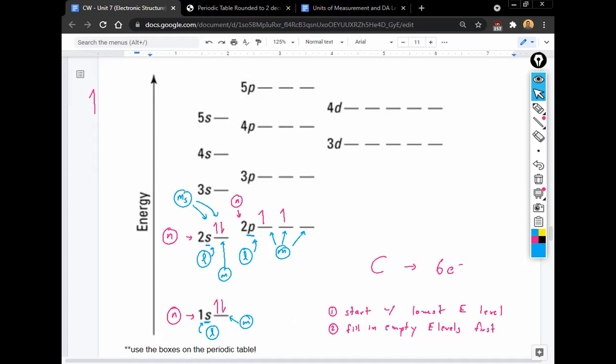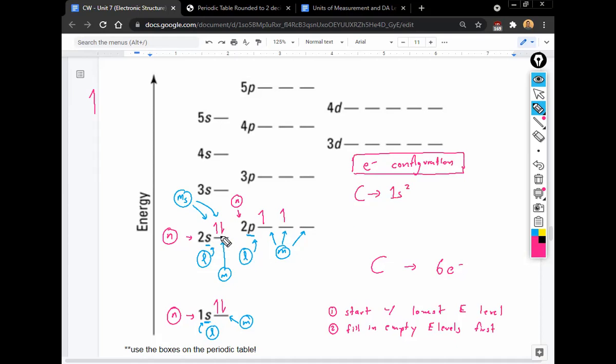Okay. So what this actually tells us is it allows us to write something called the electron configuration for an atom. So the electron configuration for carbon, what we want to do is just write these shells. We're going to write 1s, and then there's 2 electrons in the s subshell, so we write 1s and then exponent 2.